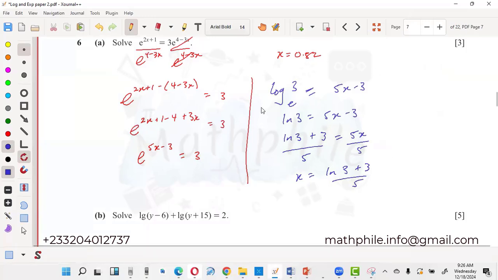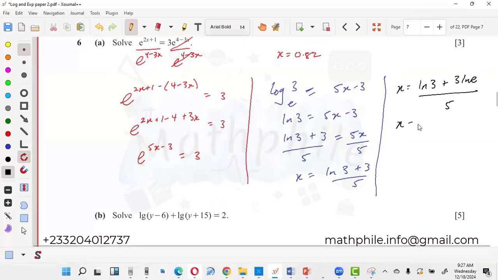So, assuming they tell you to prove or want the exact form, we can go further. 3 can be written as 3 ln e, after all, ln e is 1, all divided by 5.